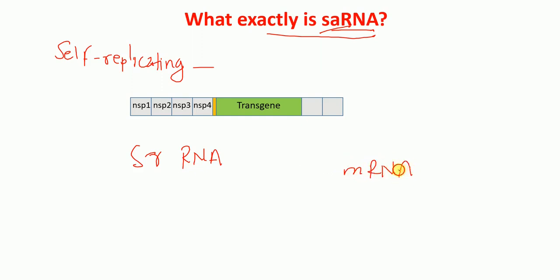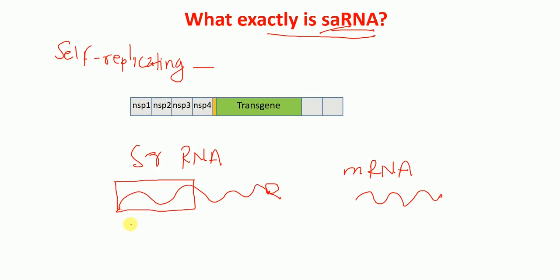First I'm going to give you two examples. Let's say that this here is the self-replicating RNA and this here is the messenger RNA. So what is the difference between these two? In the self-replicating RNA, in addition to the coding sequence of our gene of interest, we also have the non-structural sequences of non-structural proteins of the viruses, especially alpha viruses, for example non-structural protein 1 to non-structural protein 4.